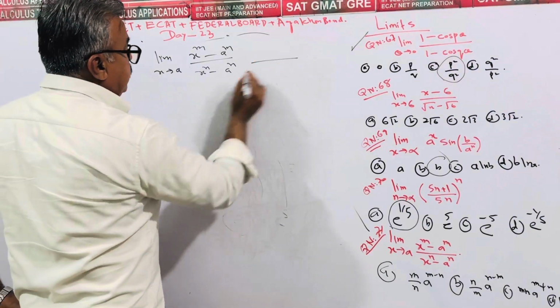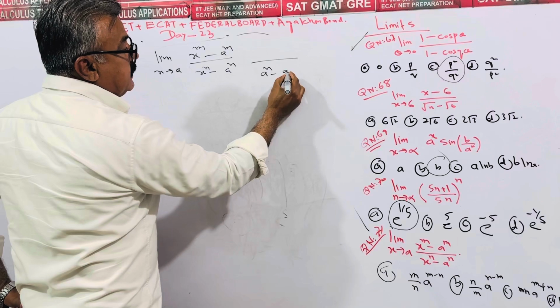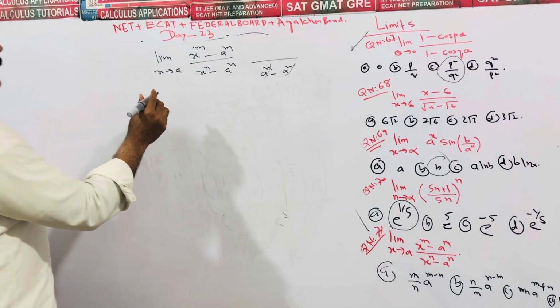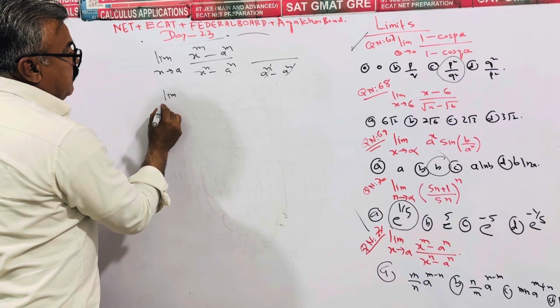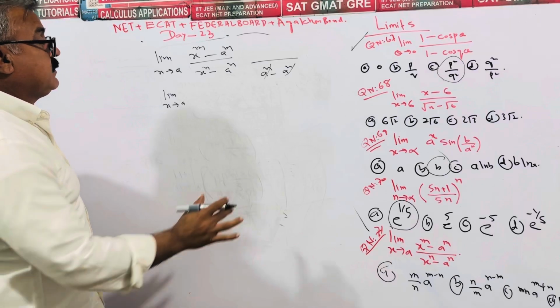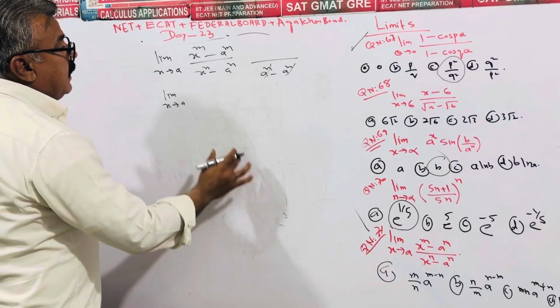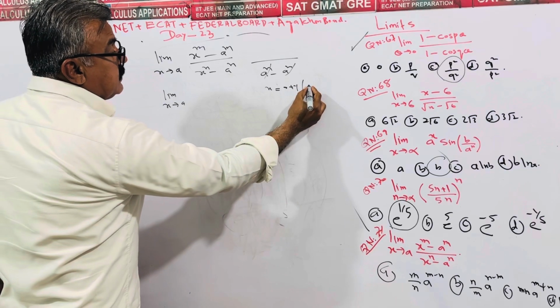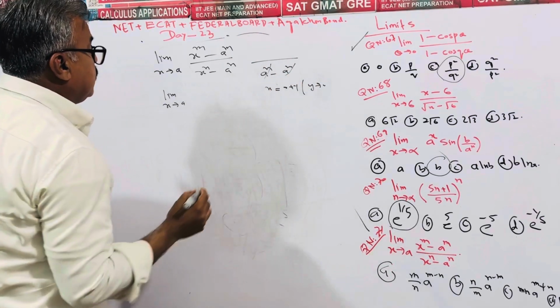Put the direct limit: a raised m minus a raised m over a raised n minus a raised n. So the denominator is 0. We cannot divide by 0. Apply L'Hospital's rule, or for a subjective answer you can divide by x minus a, because x minus a is a common factor, or you can switch over to suppose x is equal to a plus y such that y tends to 0, but that is going to be cumbersome.